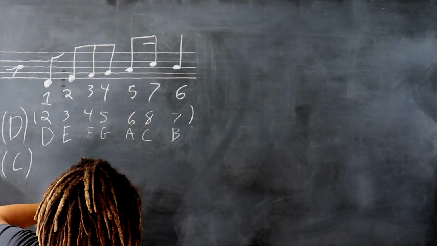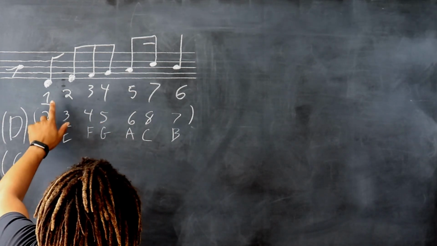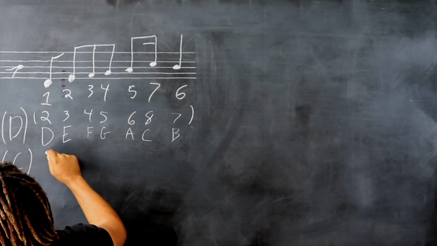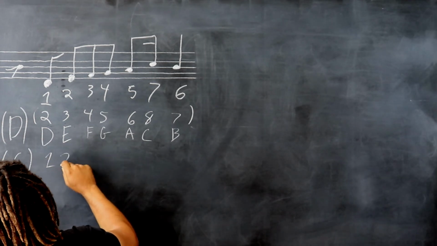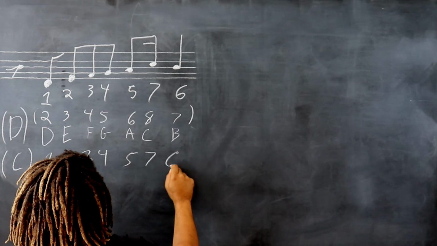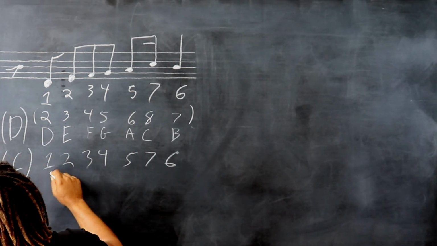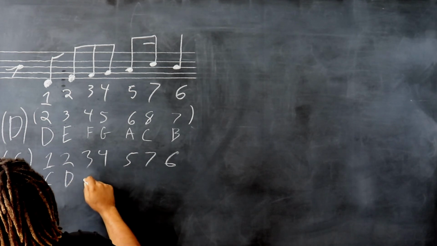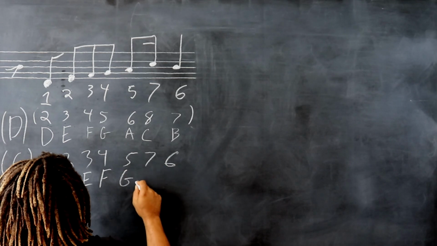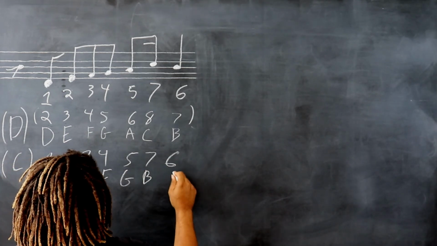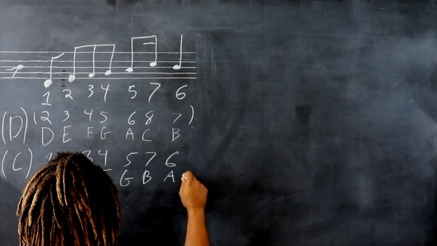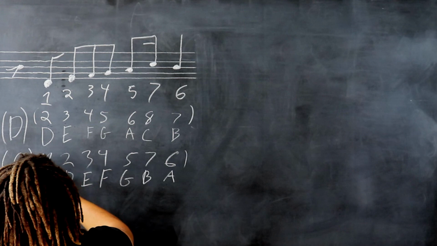That can be looked at as exactly the same. So this 1, 2, 3, 4, 5, 7, 6 would be the C pattern, which goes C, D, E, F, G, B. Now that's our C pattern there.